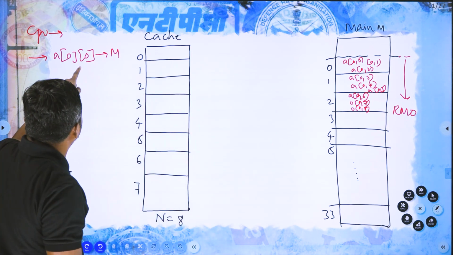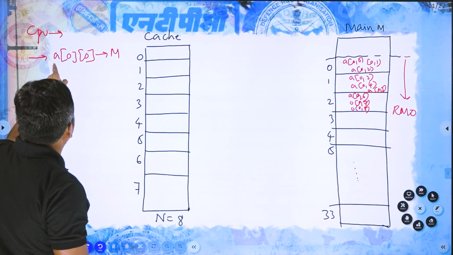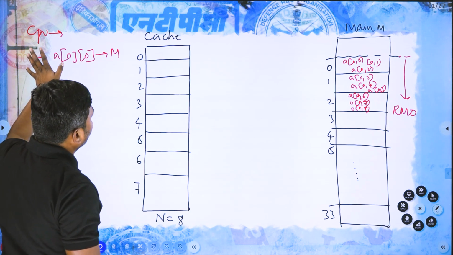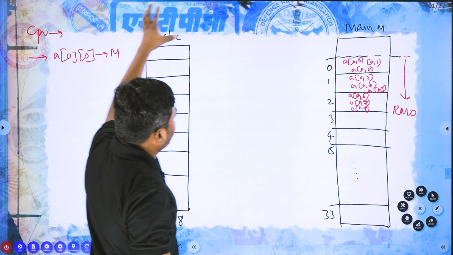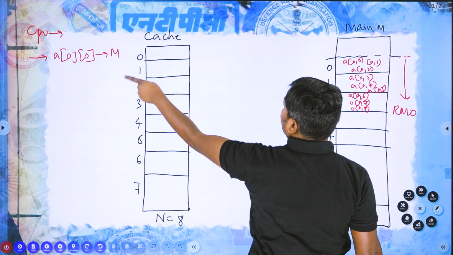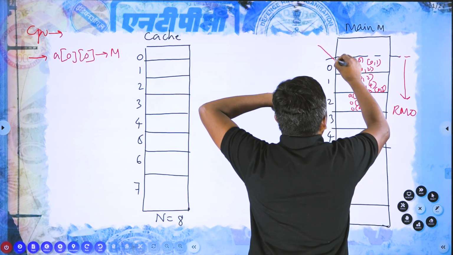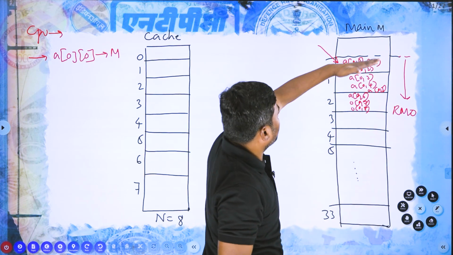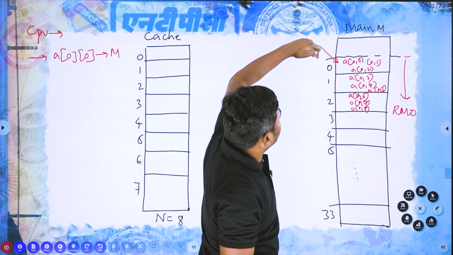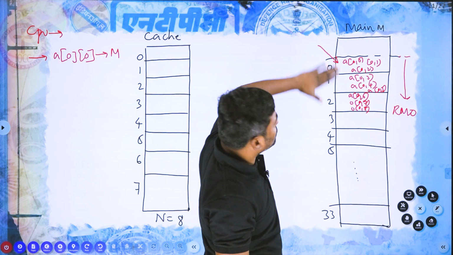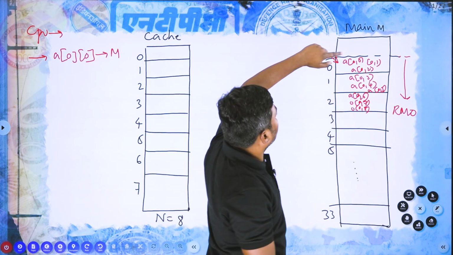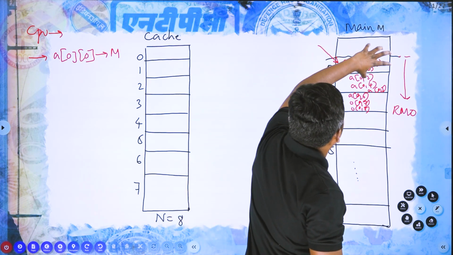Now for A of 0, 0, when a miss occurs, this entire block from main memory you have to capture. So with the same address I went to main memory, where A of 0, 0 is present. That is block 0 here. The actual address would be something else, but I am just taking it as 0 only. No harm at all. So now this block we need to place.